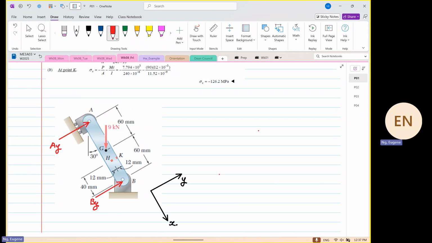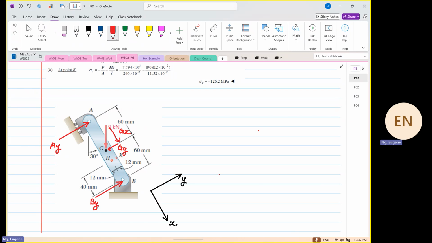Now if we look at the 9 kilonewton, we break it down to over here. This will become our G in the X direction, and this will become our G in the Y direction.